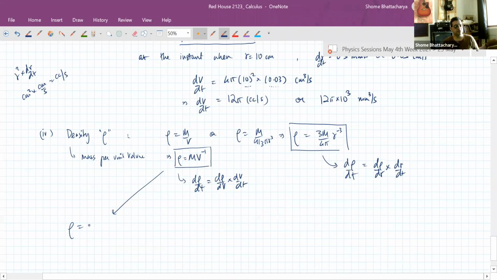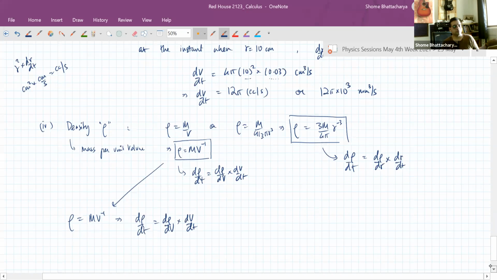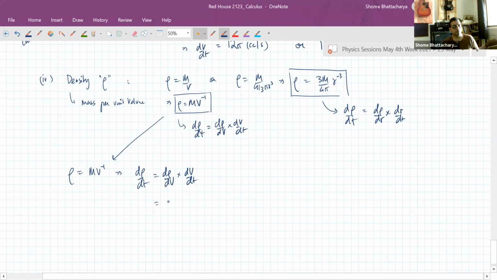So density is equal to mass per unit volume. So this will become mass multiplied by minus 1 by v square.